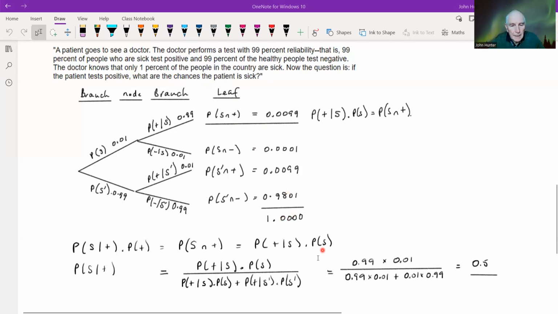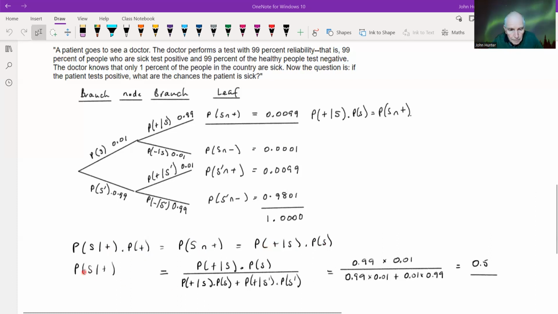Again, that's good. So let's have a look at Bayes' rule again. The probability that they're sick, given that they've tested positive, is what we're trying to find out, isn't it? That's what the question says. Times the probability of positive is equal to this intersection, but it's also equal to the other statement with the conditionality reversed.